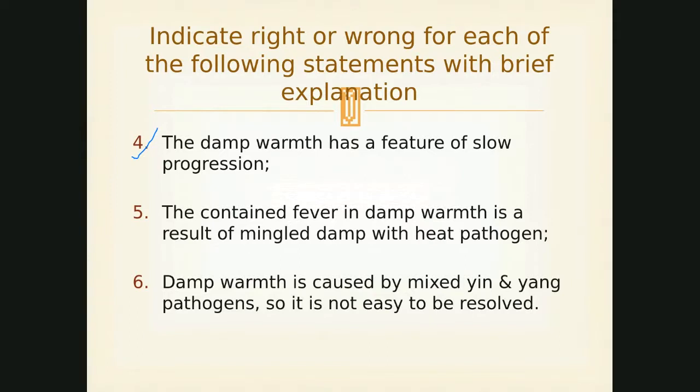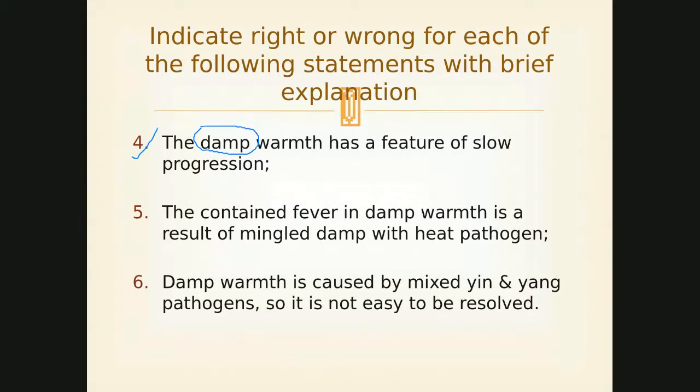Dampness is like a kind of personality, I shouldn't say personality, like the nature of very sticky glue. It is not happy to exist by itself; it likes to stick with something else. So damp always drags the heat along, mingled together with heat.